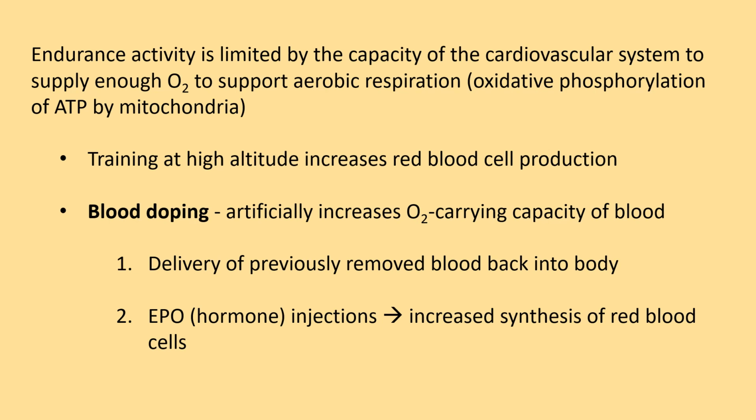And we'll talk a little bit more about EPO when we get to the cardiovascular system and the urinary system, because it's actually produced by your kidneys. So we can inject hormones to increase the synthesis of red blood cells, and both of these forms of blood doping artificially augment or enhance the oxygen carrying capacity of blood.